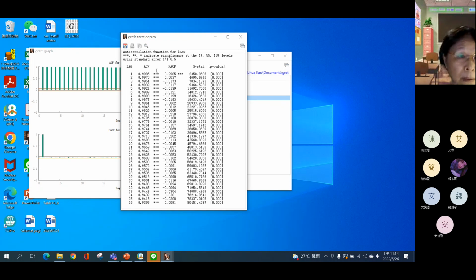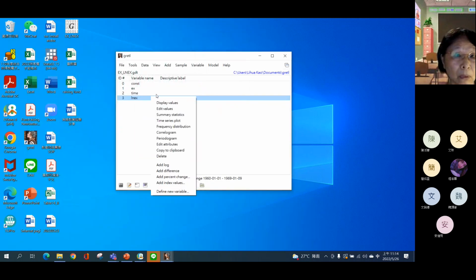The p-value is according to the ACF, or also the Q statistic, but never mind, you can just look at the numbers and the correlations. Since this is pretty close to 1, it's highly correlated. So they're non-stationary.